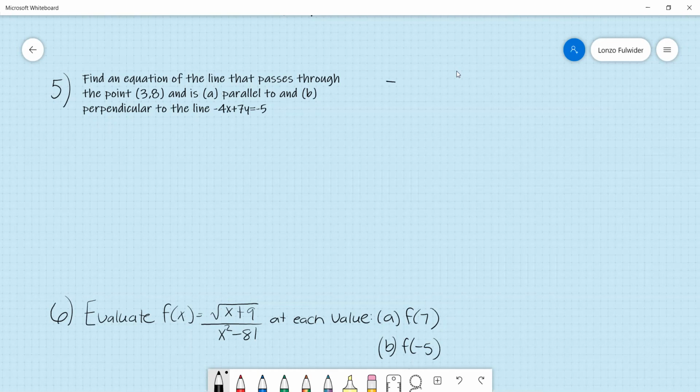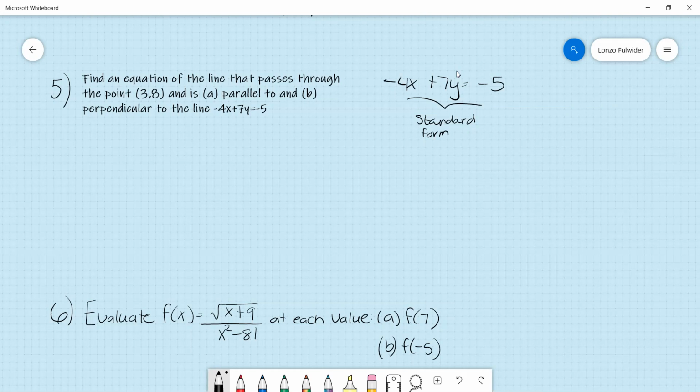So this, negative 4x plus 7y equals negative 5, is what's called standard form, right? If you recall standard form, you should know all of the formulas for linear graphs.